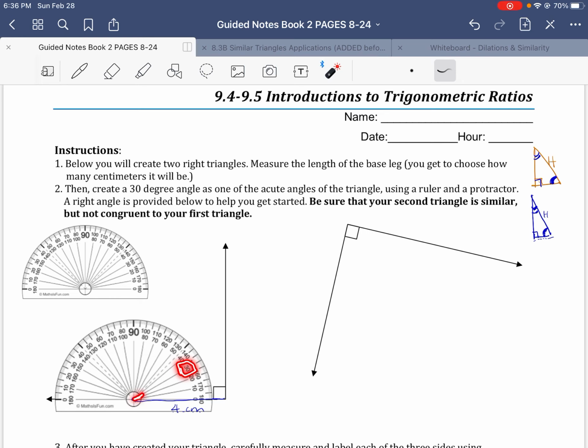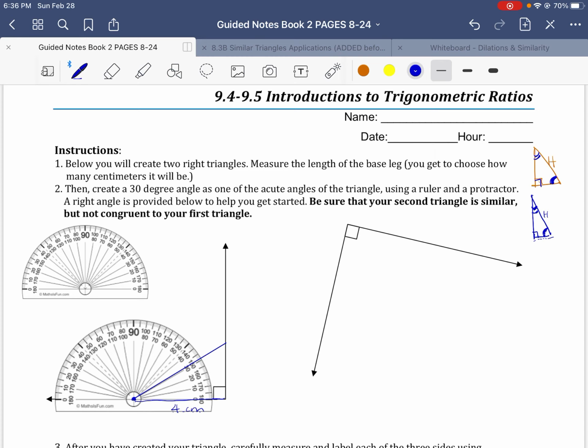So if I draw from this dot and I extend this line through that 30 degrees, and that's my other vertex, this has now created my triangle where this angle must be 30 degrees because we measured it with that protractor. So I'm going to see if I can draw a line here through the 30 degrees. We're going to go through 30 degrees and stop right there.